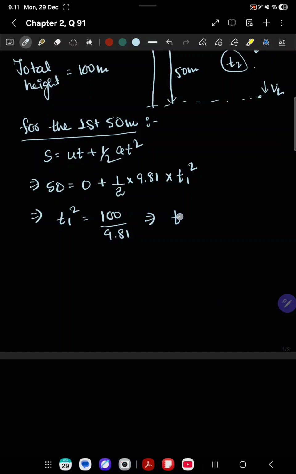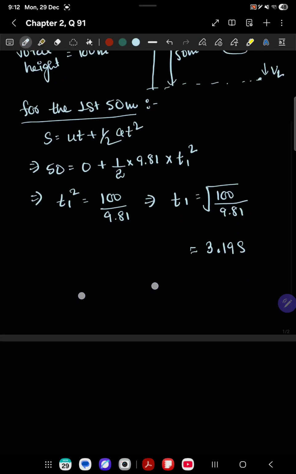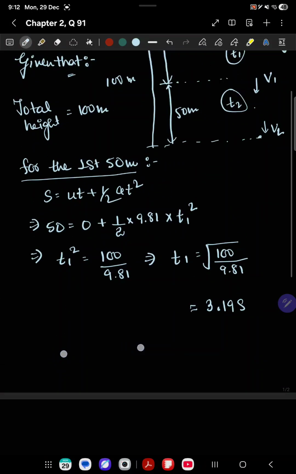So this will give us a value of t1 equal to under root of 100 upon 9.81, which is 3.19 seconds. Right, so we have already calculated t1.